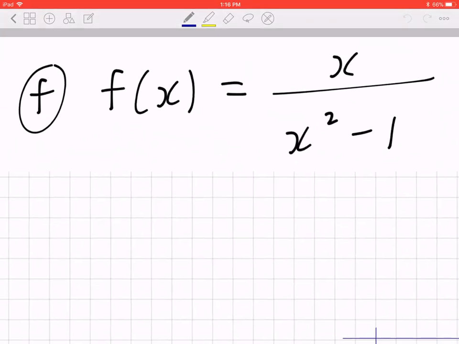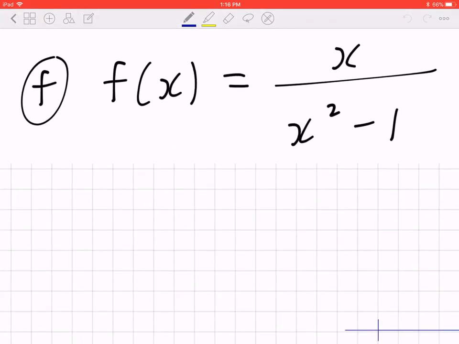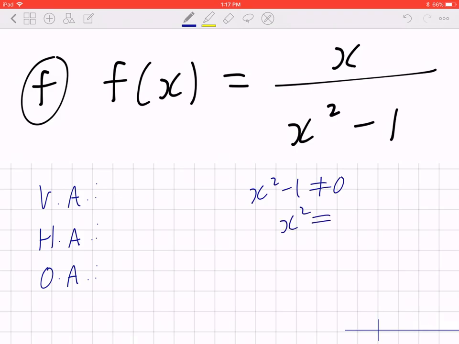Step number 1. Before we write down the domain for the function, by inspection, because it's a fraction or rational expression, you can write down all the possible asymptotes. Since x² − 1 is in the denominator, the restriction is x² cannot equal 1, so x cannot be plus or minus 1.